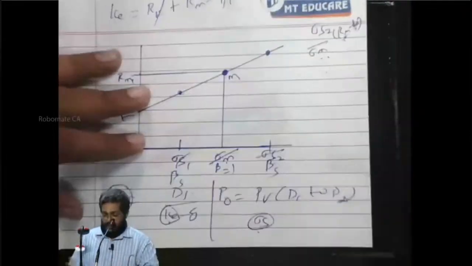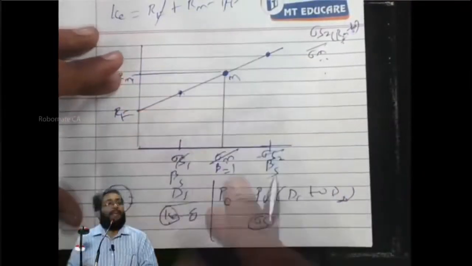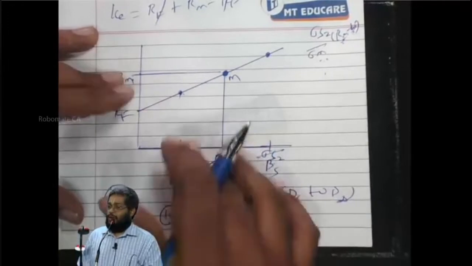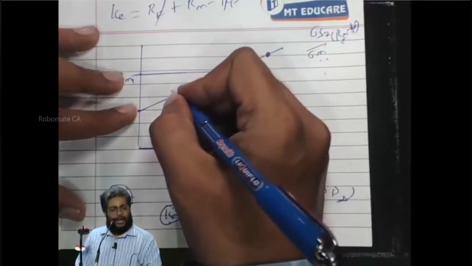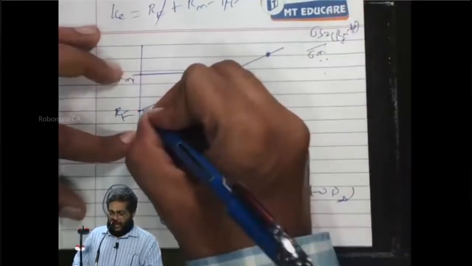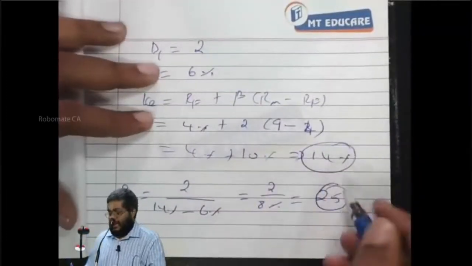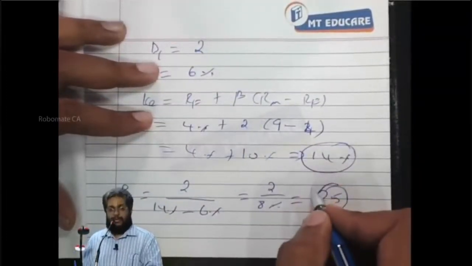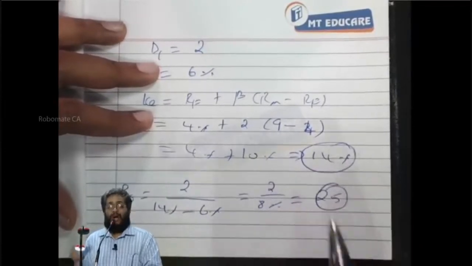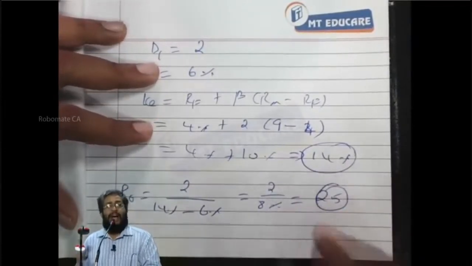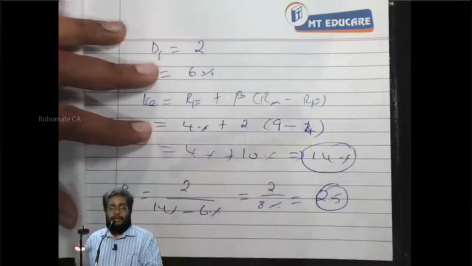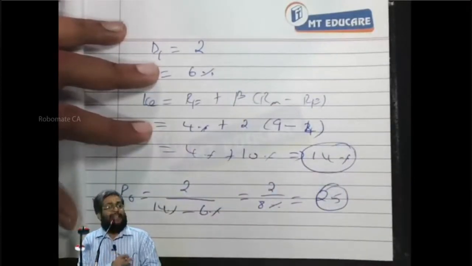If the security is trading in the market at 25, then this security goes onto this line, and I also value it at 25. Is it overpriced, underpriced, or perfectly priced? It is perfectly priced, as per the SML.